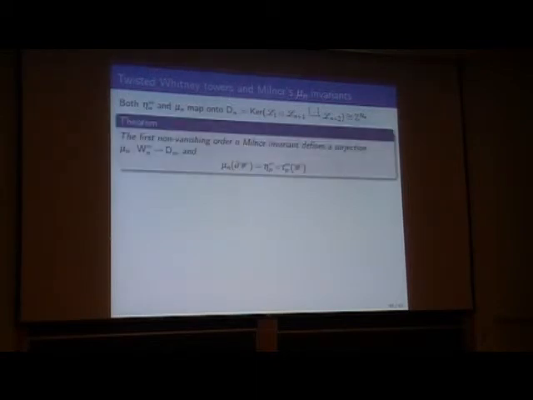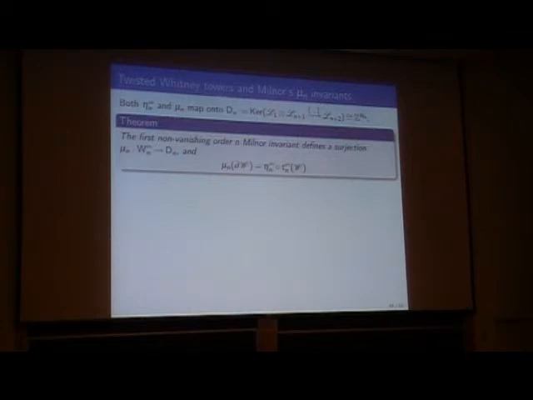And the theorem is that this map computes the Milnor invariants of the link. So first you take the intersection number in the tree group, then you apply the map, and it gives you this first non-vanishing Milnor invariant of the boundary of the Whitney tower.